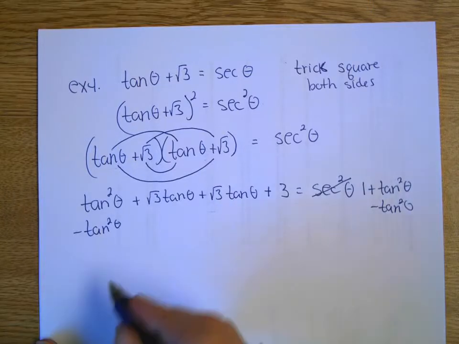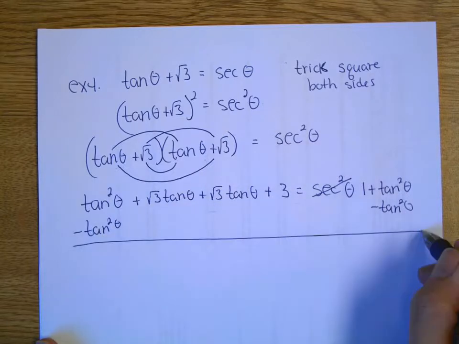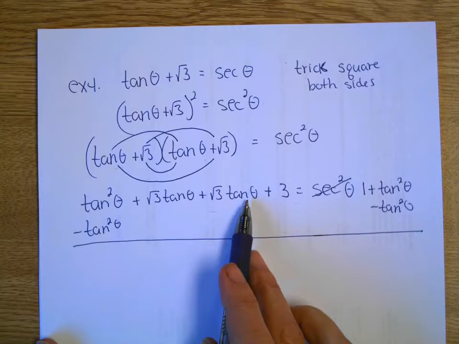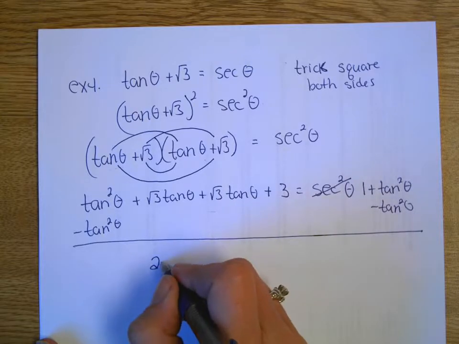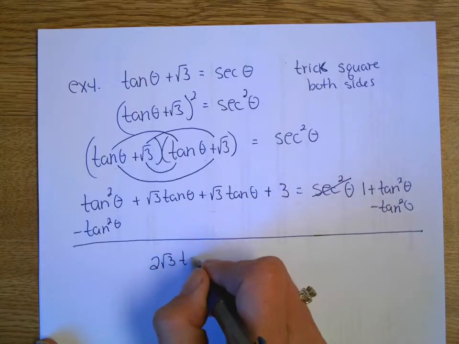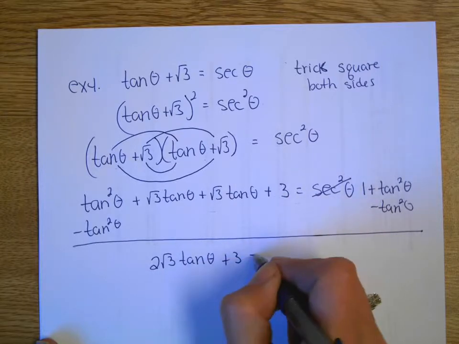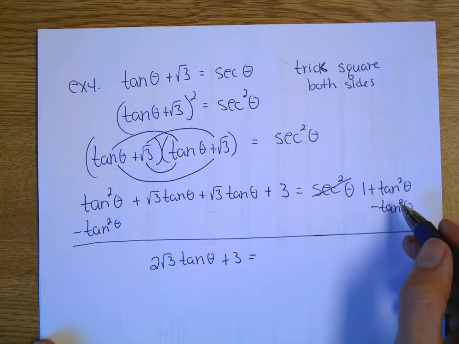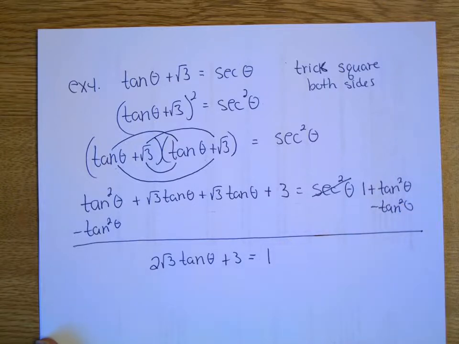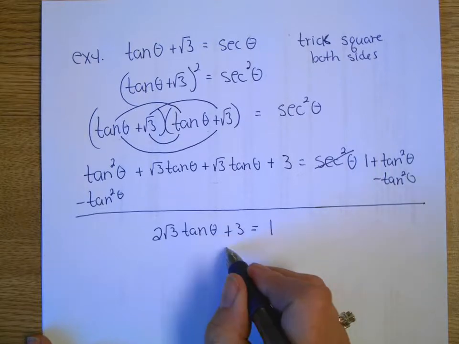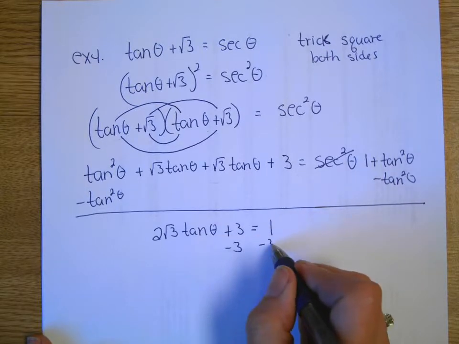Okay. So what is square root of 3 tan plus square root of 3 tan? 2 square root of 3 tan. Very good. 2 square root of 3 tan plus 3 equals, what do I have left over here? 1. Don't minus 1. I want to solve for tan. Minus the 3.